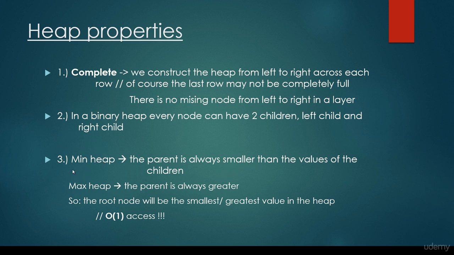Then we construct a minimum heap and we are going to take out the edge between two nodes in the graph with the smallest value possible. And because we have constructed a minimum heap, we know that the root node is going to be the item we are looking for, so the item with the minimum distance. So we are able to access it in O(1) constant time complexity. This is why it's good to use heaps.